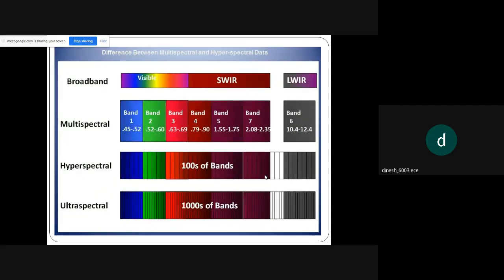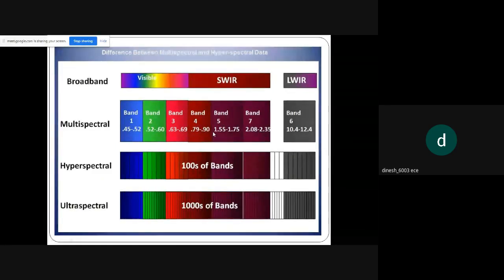The broadband is being classified into visible, short wave infrared, and long wave infrared. Multispectral is classified into 7 bands. Band 1 in the 0.45 to 0.52 micrometer, band 2 in 0.52 to 0.60 micrometer, band 3 in 0.63 to 0.69 micrometer, Band 4, 0.79 to 0.90 micrometer.